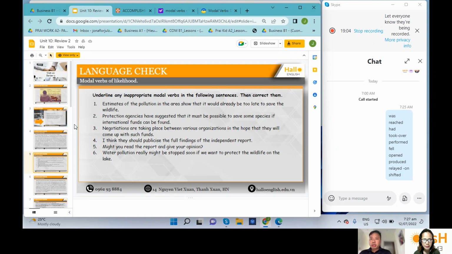Estimates of the pollution in the area show that it would already be too late to save the wildlife. Where is the modal verb? Would. How do you correct this verb?